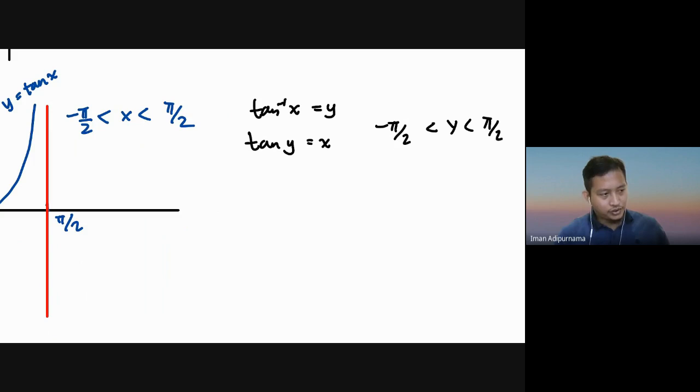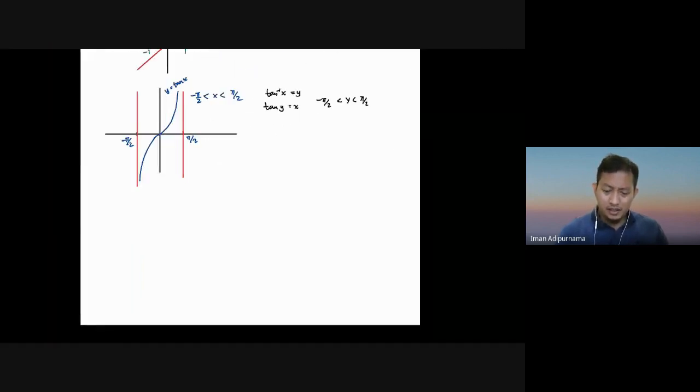I think these three will be enough for most of the calculations in the inverse trigonometric functions. Maybe let me give you some questions related to this inverse. Okay, simplify cos of tangent inverse x. Okay.